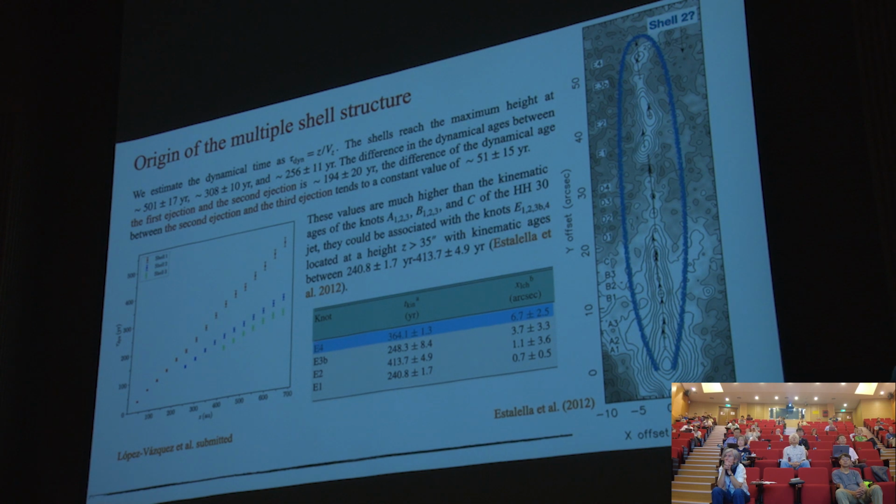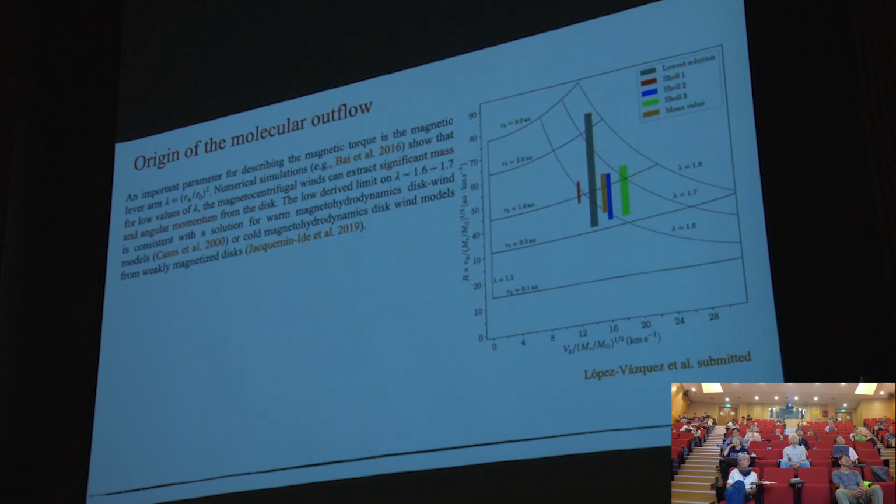However, shell 3, the more internal shell, is consistent with the node A3B. So this shell could be a result of a node driven by the wind, sorry.